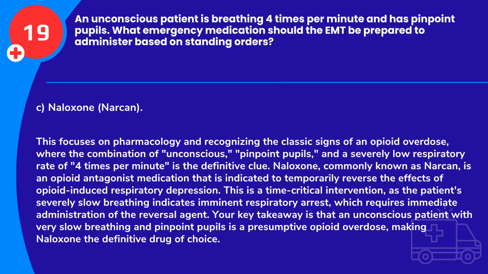This is a time-critical intervention, as the patient's severely slow breathing indicates imminent respiratory arrest, which requires immediate administration of the reversal agent. Your key takeaway is that an unconscious patient with very slow breathing and pinpoint pupils is a presumptive opioid overdose, making naloxone the definitive drug of choice.